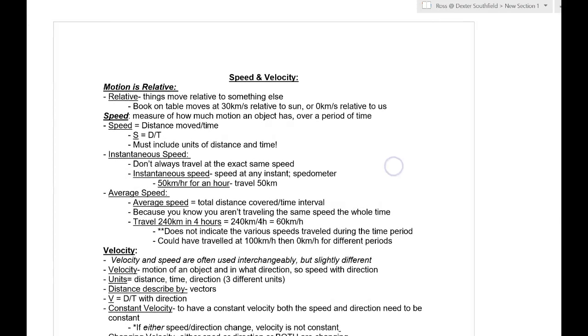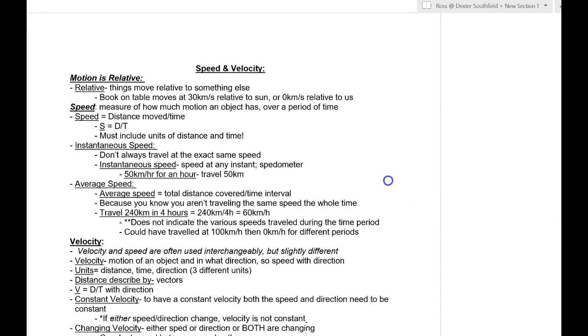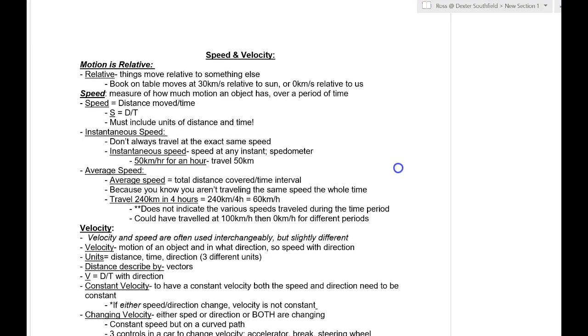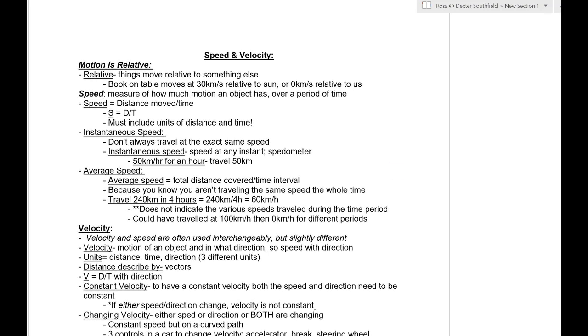So the first concept to understanding speed is that in order for something to be considered moving, we need to compare that object to something else. Things only move relative to other objects. For instance, there's an example here with a book on a table. When you're looking at a stationary book resting on a table, it's not moving compared to you or the table.